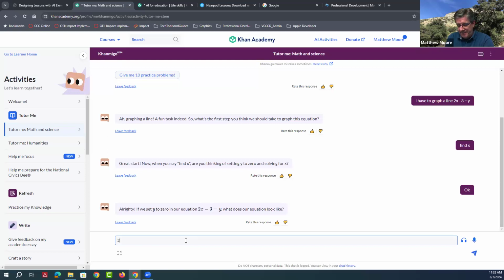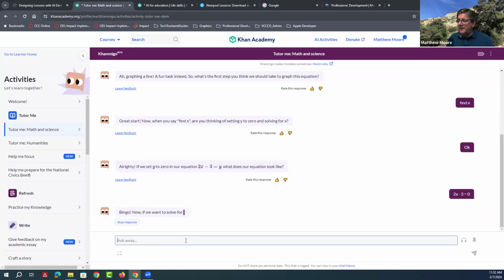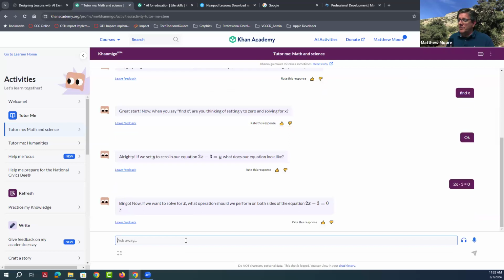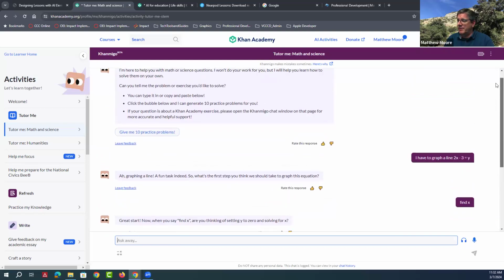2x. Okay, so then it starts taking math concepts and it walks them through the process. Notice it didn't, and I can do more of this, but I don't want this whole presentation to be on math.